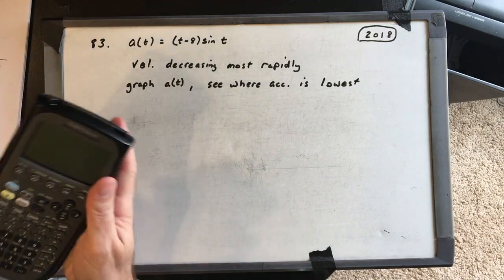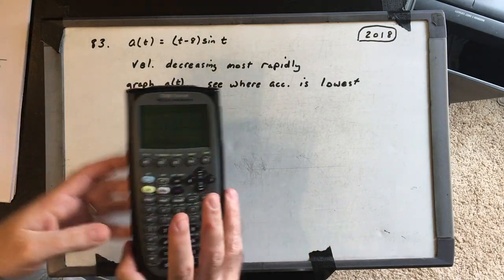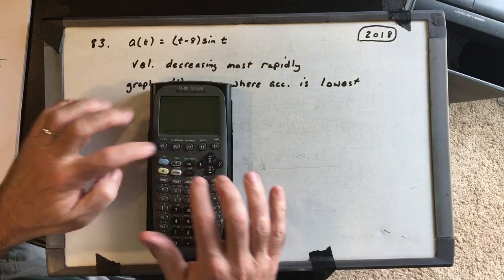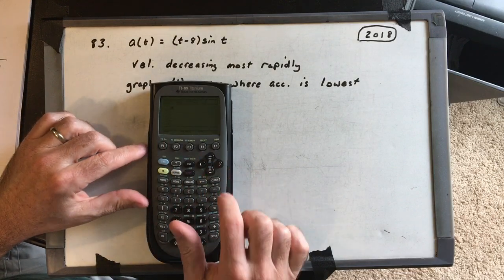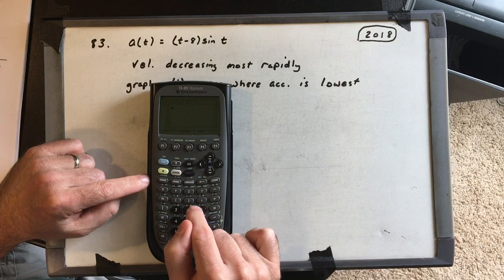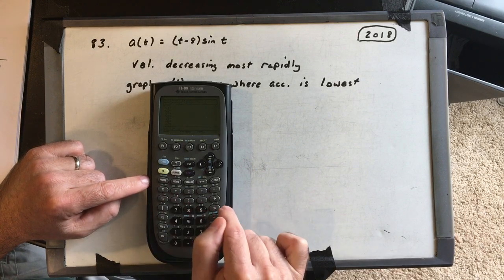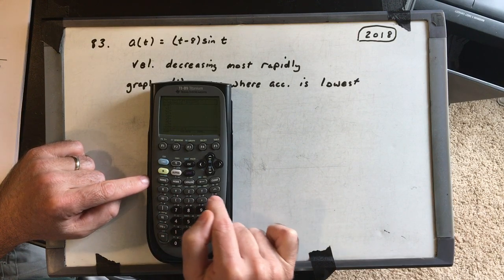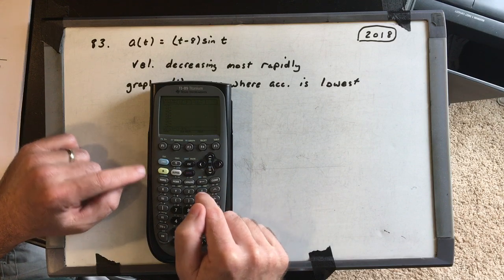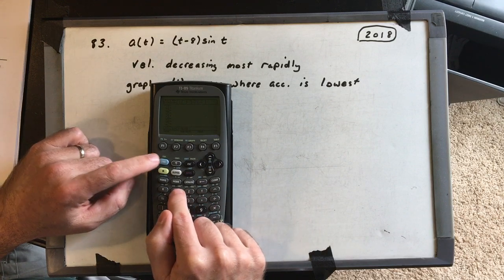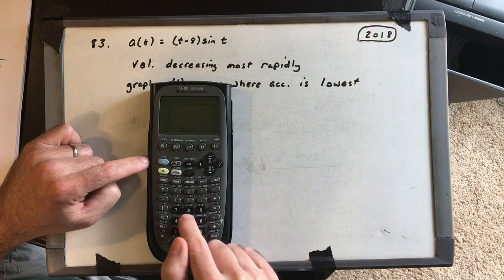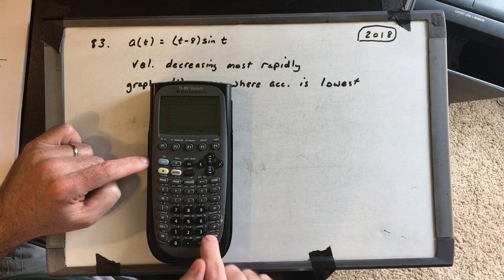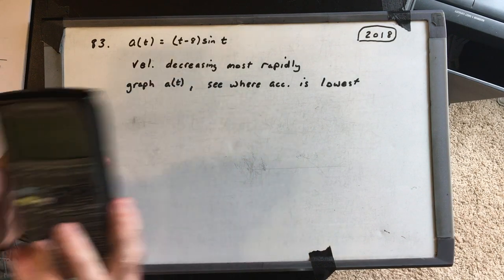So, all right, let's go to our calculator. I'm going to clear out the one that's there, and we'll do x minus 8 times the sine of x.